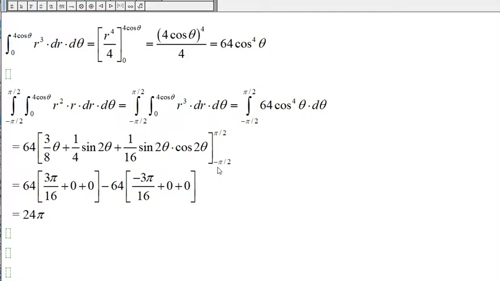When theta is negative pi over 2, then we get negative 3 pi over 16. And right here, when theta is negative pi over 2, 2 times negative pi over 2 is negative pi. Sine of negative pi is 0, and then 0. So we end up with 24 pi. This is the answer.